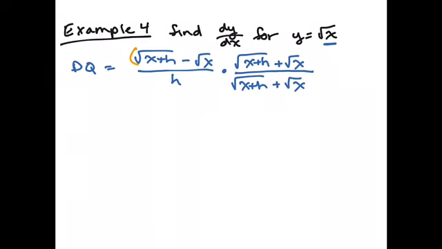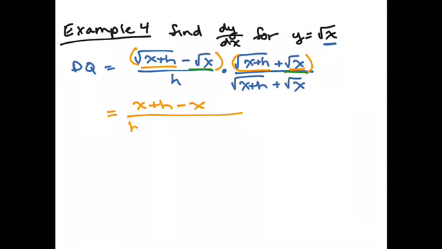So in the numerator then, we're essentially foiling that out, and it's a difference of squares. It'll get rid of the square root terms. And so I get square root of x plus h times square root of x plus h is just x plus h. On the outside, I get square root of x times square root of x plus h, but then that cancels with the inside minus square root of x. So those middle terms go away, and the last is going to give me negative x.